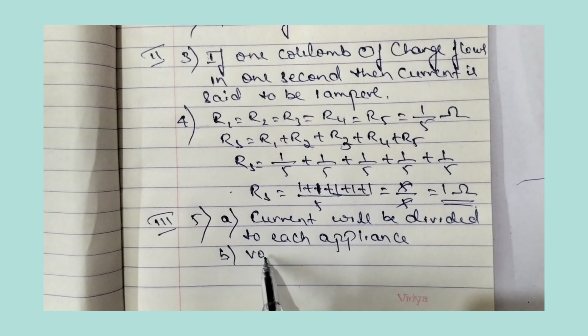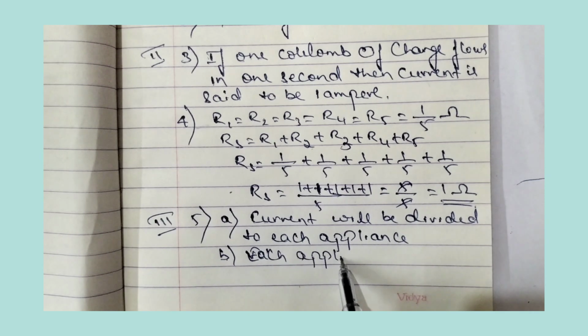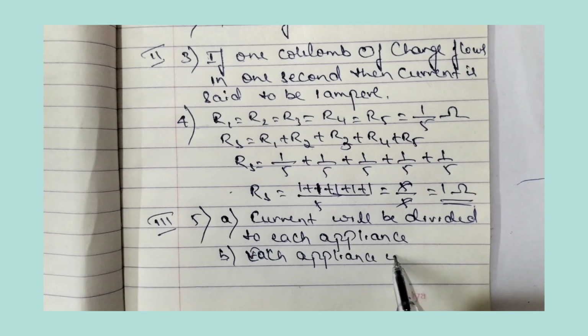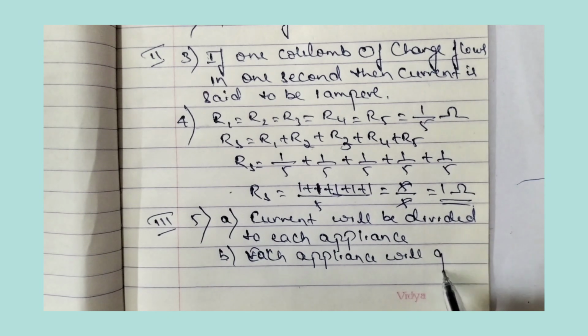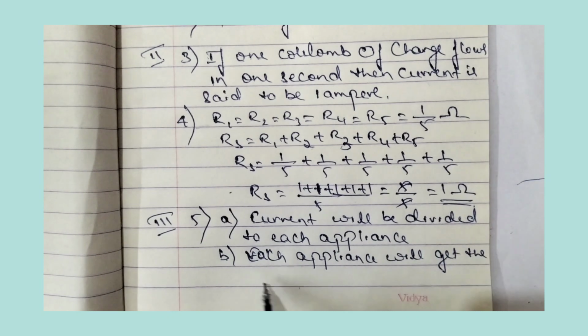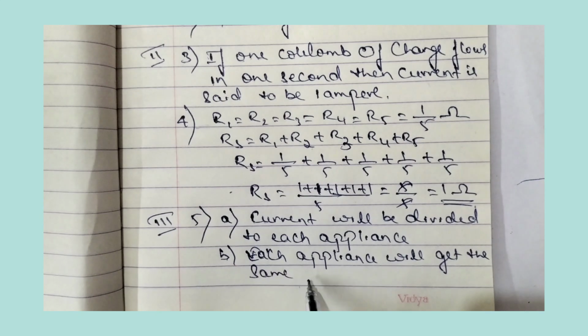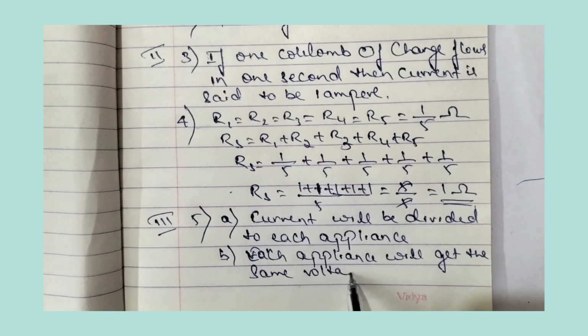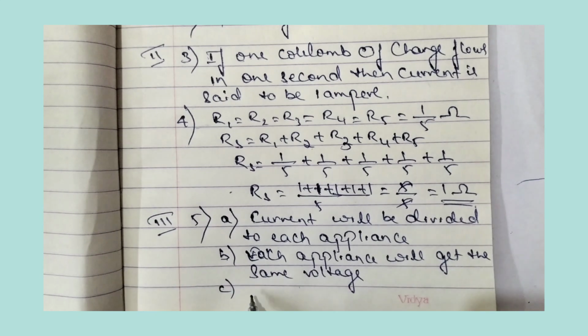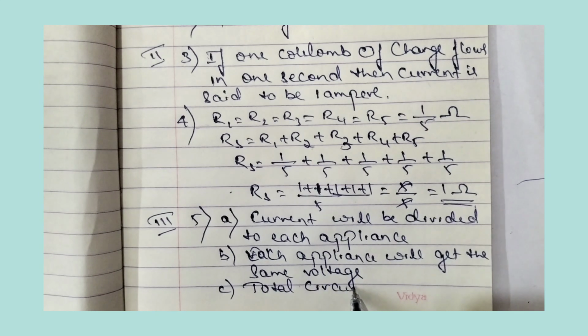Then each appliance will get the same voltage. Total circuit resistance decreases.